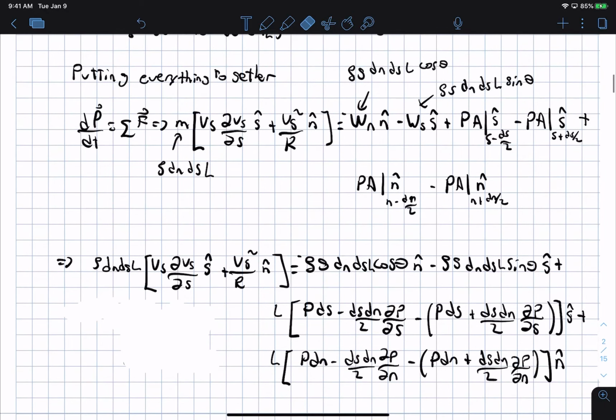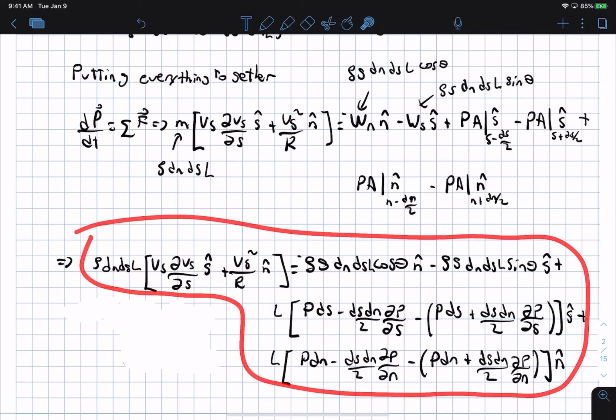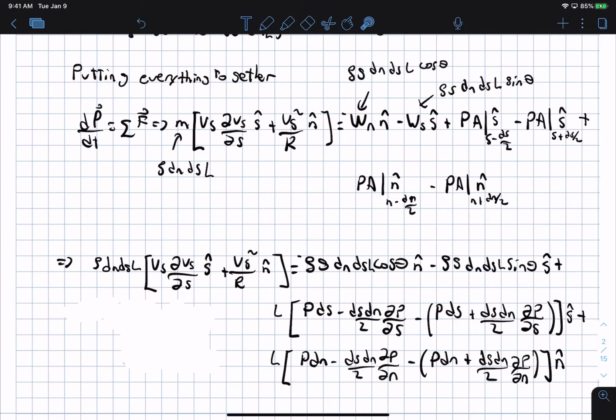All I did was substitute in our expression for mass, our expressions for the weight, and the Taylor series results for pressure. So it looks like I took a nice simple equation and exploded it into this gigantic awful mess. But it turns out that there are a lot of nice cancellations.